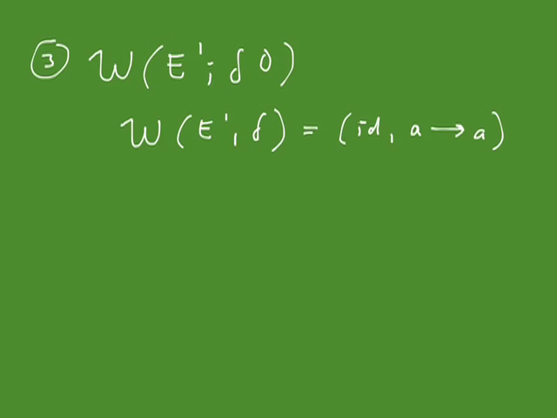Here what we did was that we looked up f in the type environment because E prime was f bound to for all a, a arrow a, and we stripped off the quantifiers. That's what we do when we see a variable, and then we return that.